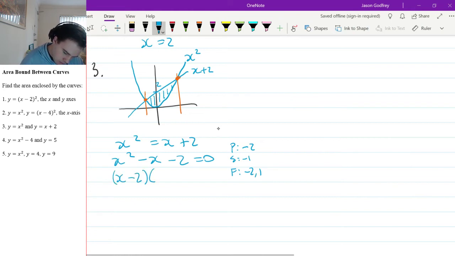So x minus 2, x plus 1. Using the null factor law, since these 2 things multiply together to give 0, either this one equals 0, which is when x equals 2, or x equals negative 1.